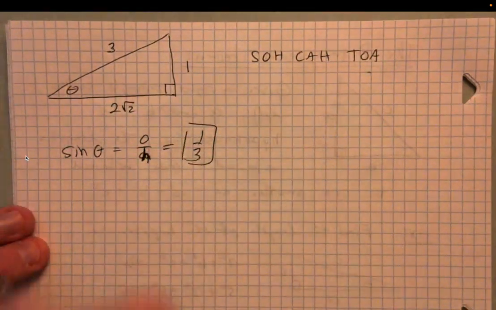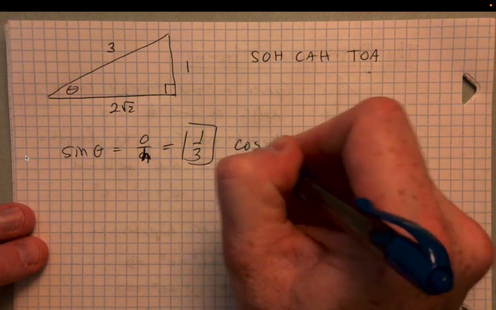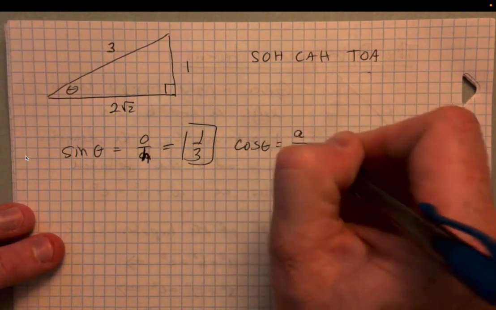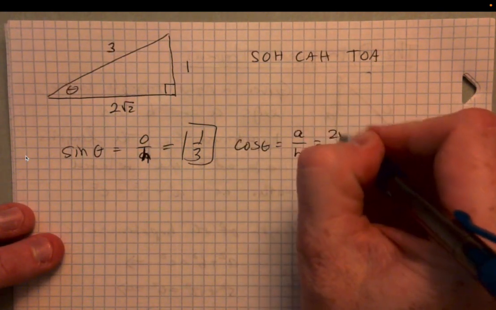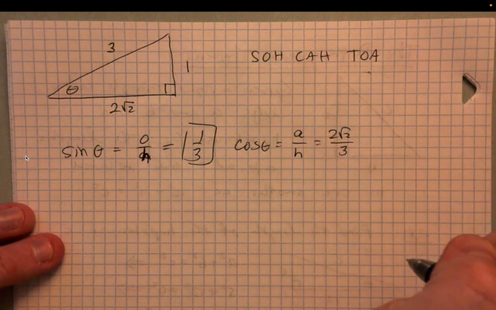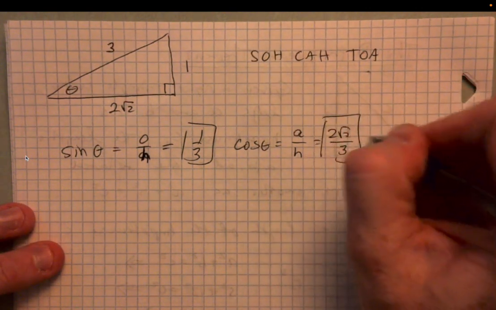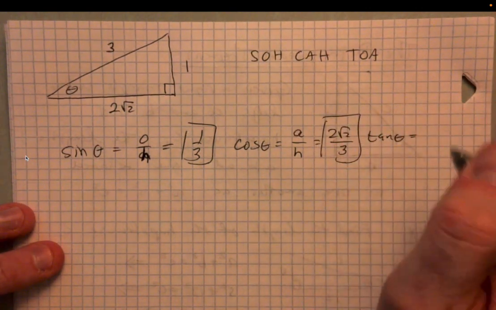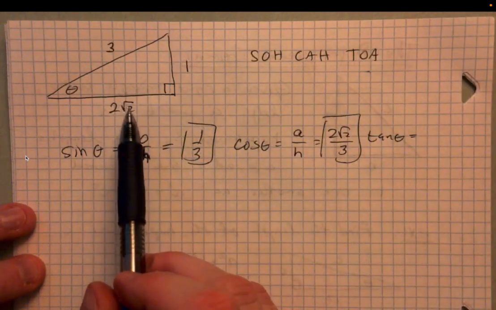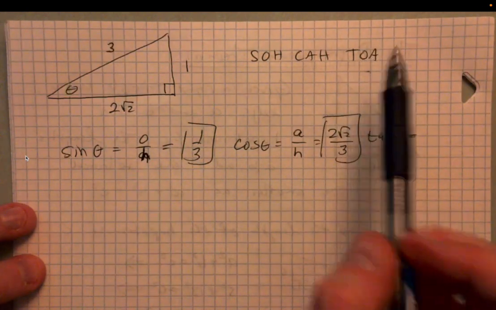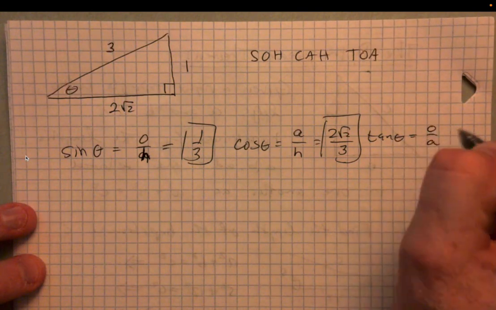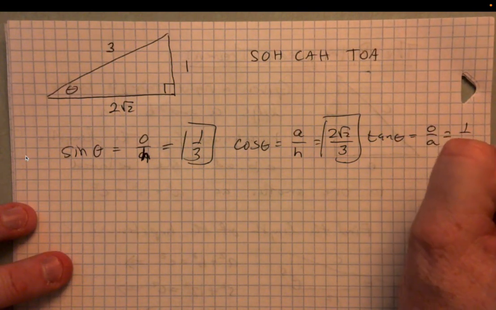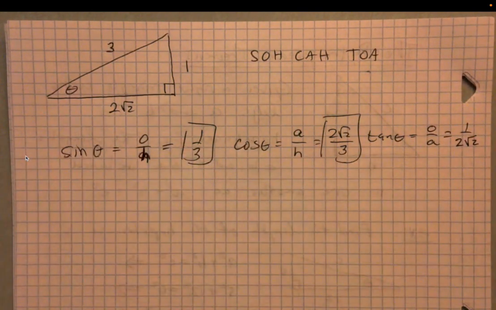So there's the sine. The cosine of theta is equal to the adjacent over hypotenuse. And so that's 2 square root of 2 over 3. And the tangent of theta is equal to the opposite over adjacent. And so that's equal to 1 over 2 square root of 2.